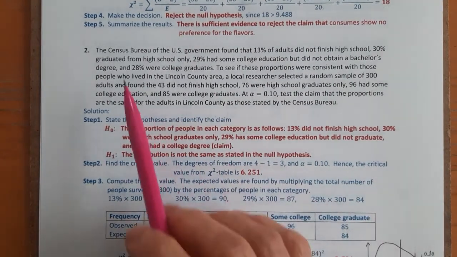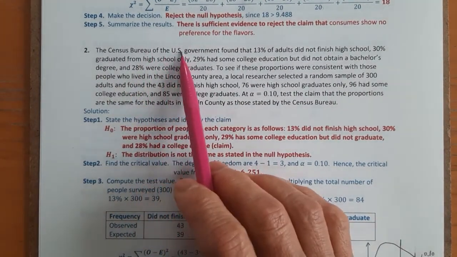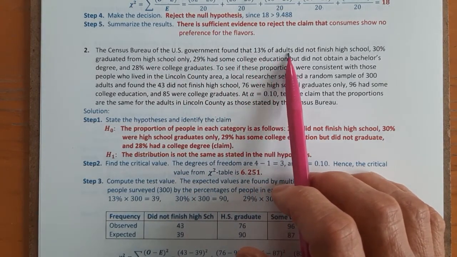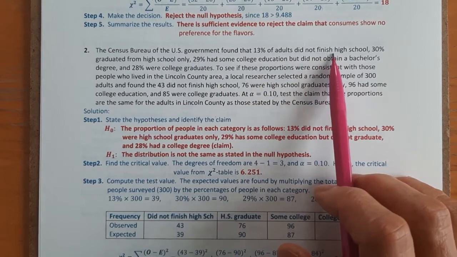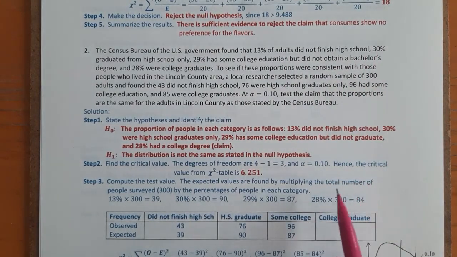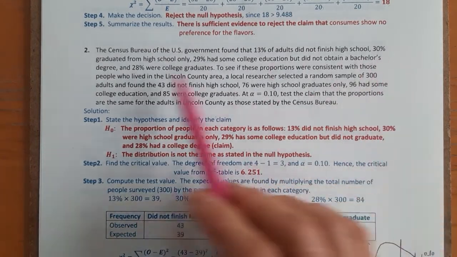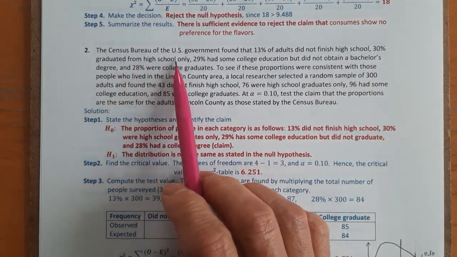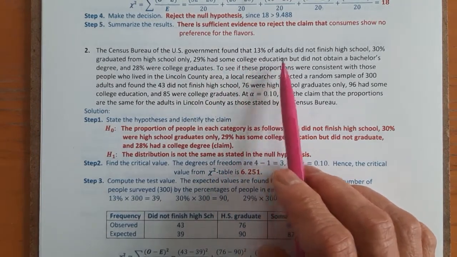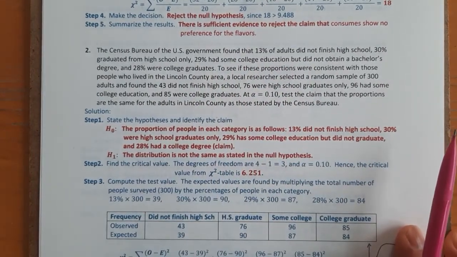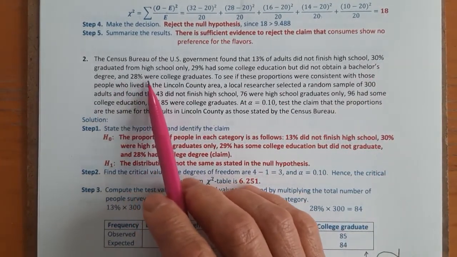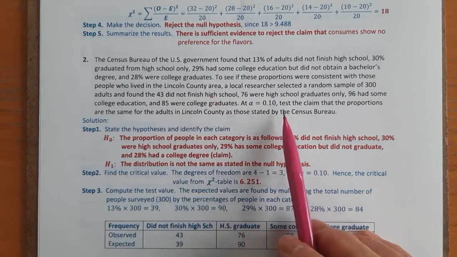Second question. A Census Bureau of the U.S. government found that 13% of adults did not finish high school, 30% graduated from high school only, 29% had some college education but did not obtain a bachelor's degree, and 28% were college graduates.